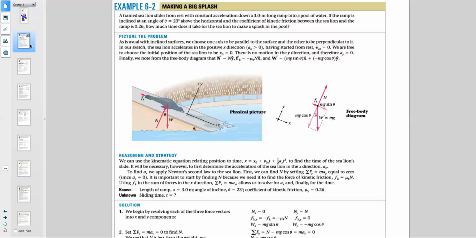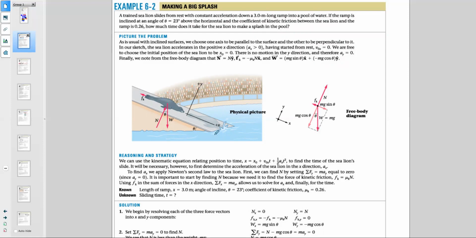Let's take a look at our next problem. Go ahead and pause the video, read the problem carefully, write down the things that you have, and then let's come back here and solve it together. So a sea lion slides from rest with constant acceleration down a 3-meter long ramp into a pool of water.